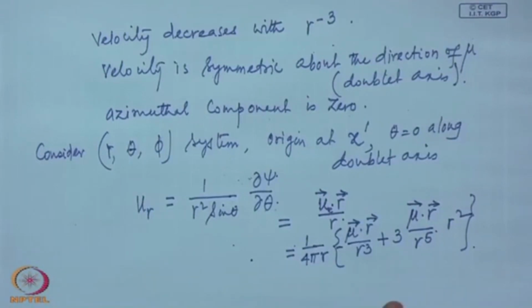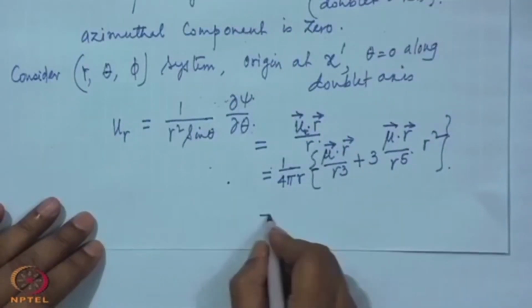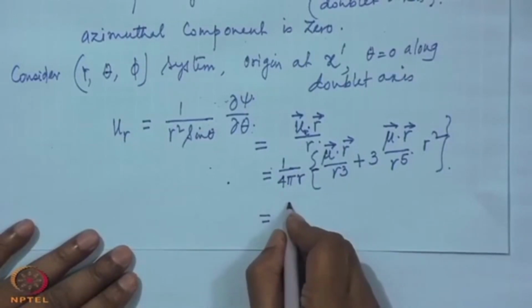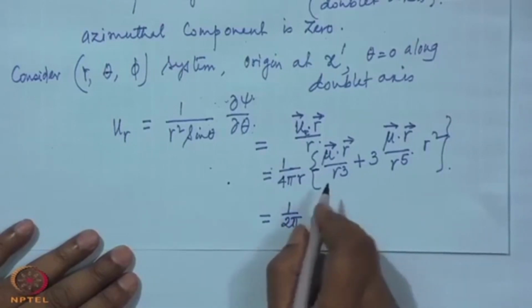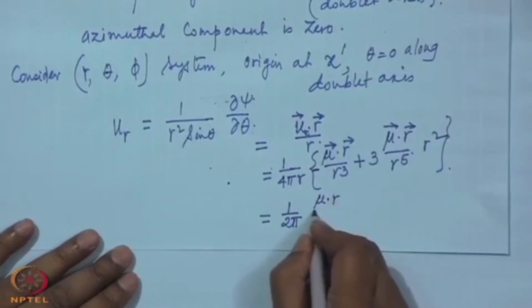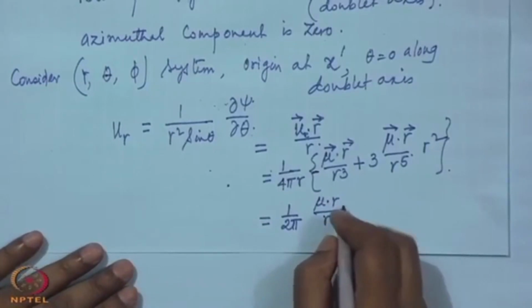Yes, minus mu dot r, minus is there, and the result is how much? 1 by 2 pi mu dot r by r to the power 4.